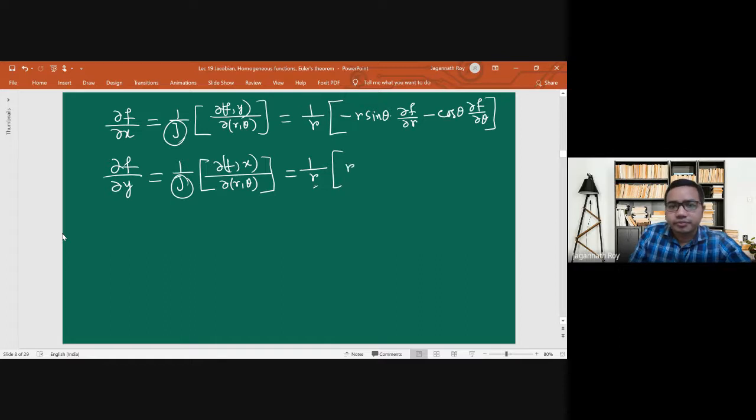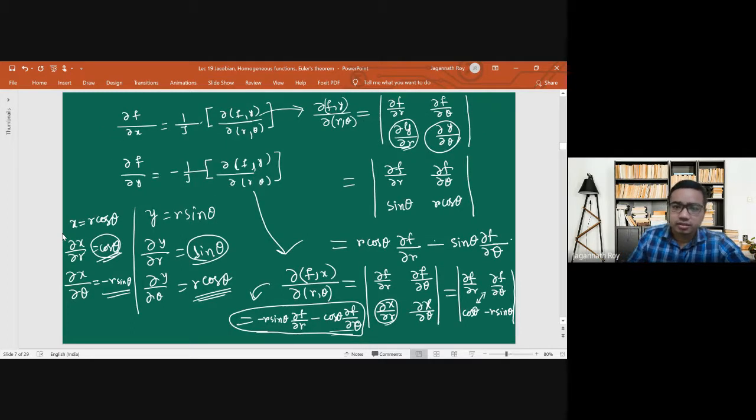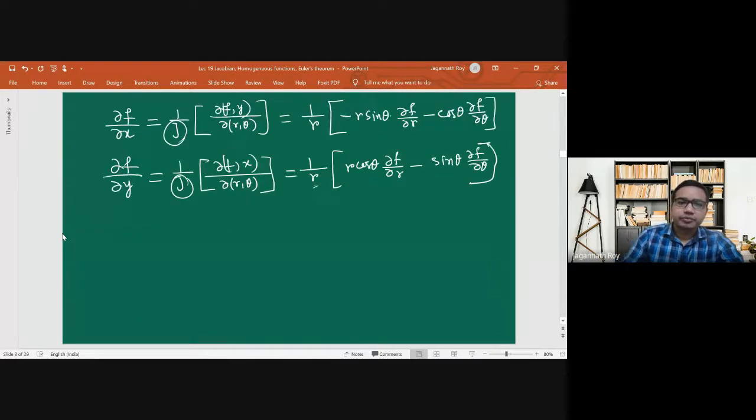This is r cos theta del f del r minus sin theta into del f del theta. Okay, this part, r cos theta into del f del r, this one.